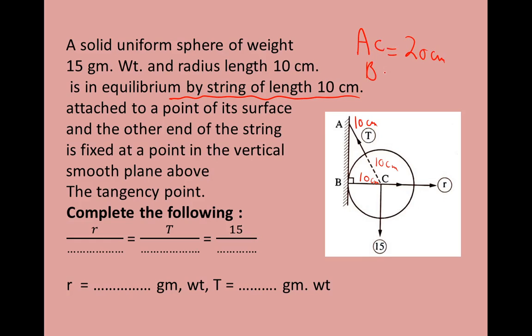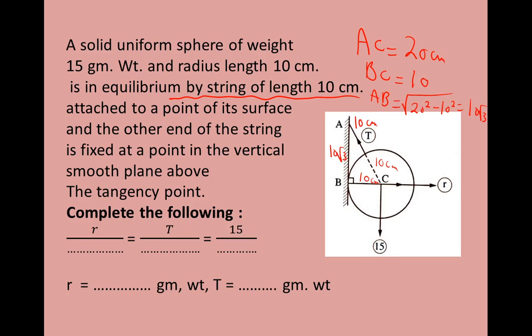Also BC equals 10. Then I can calculate AB using the Pythagorean theorem, which equals the square root of 20 squared minus 10 squared, equals 10 root 3. Here AB equals 10 root 3.